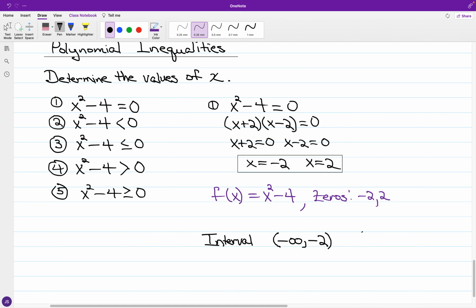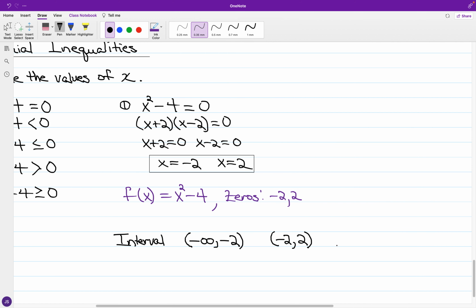And then bypassing negative 2, we'll have those values greater than negative 2 and less than 2. And for the rest, we have those values of x greater than 2.